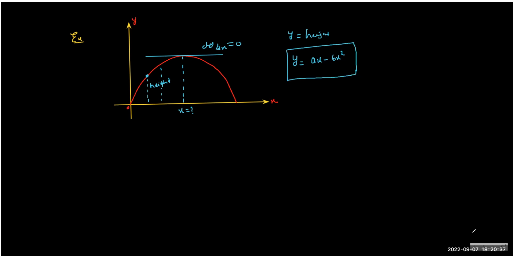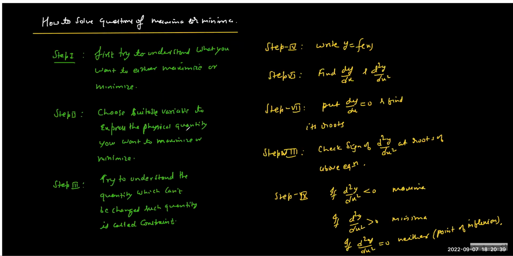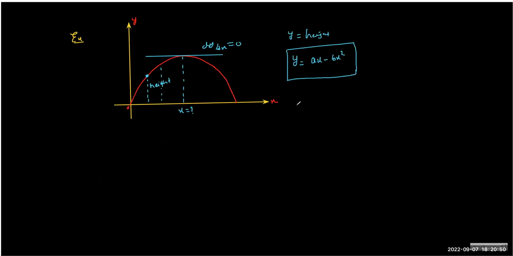When the equation is given to you directly, then all the earlier steps are redundant. You start from here. So the step 4 is given to you, and you start from step 6 and keep on solving. So what is the first step for you? Differentiate the equation with respect to x. So dy by dx will be how much?